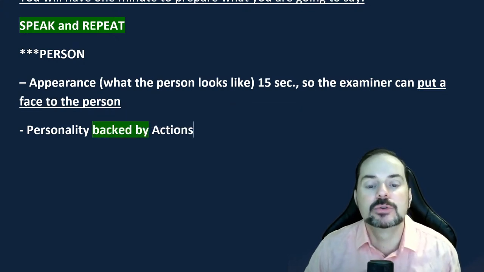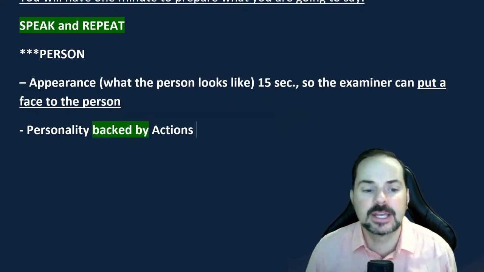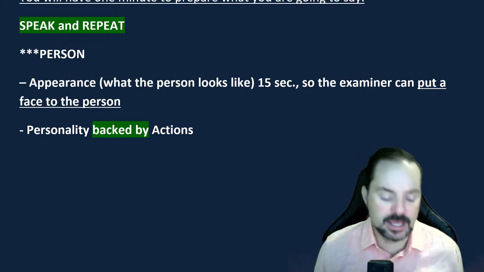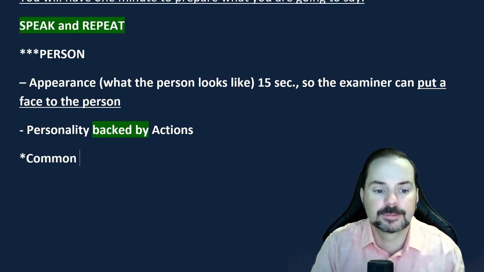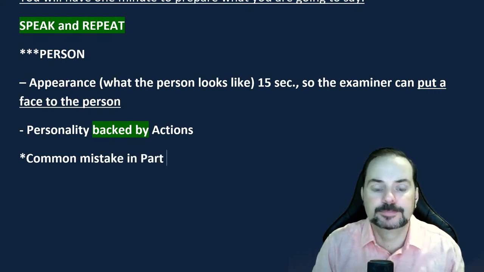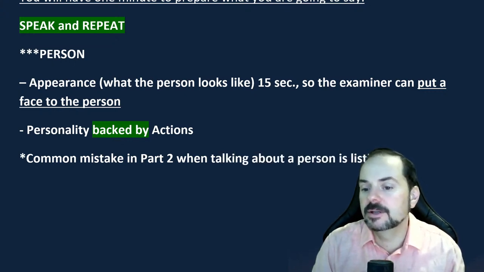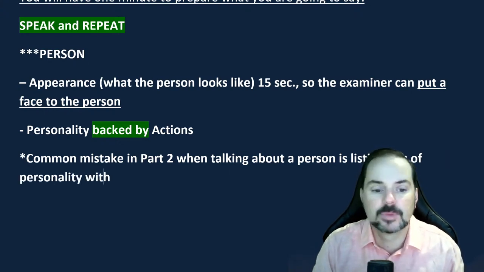One of the most common kinds of mistakes that people make in the IELTS when they talk about a person, in part 2, is listing lots of personality with no actions.